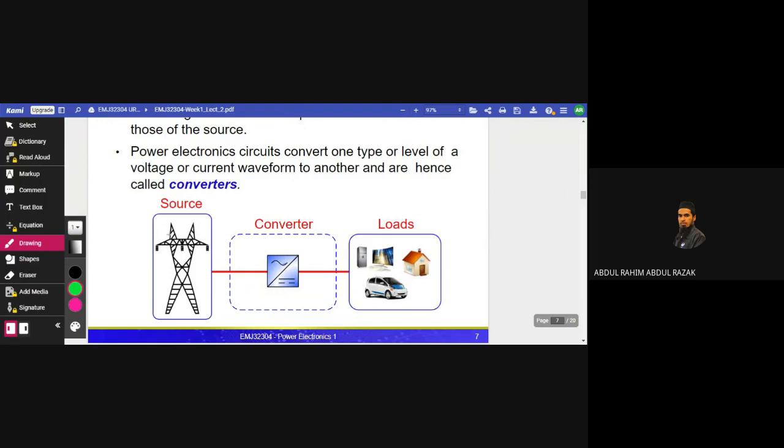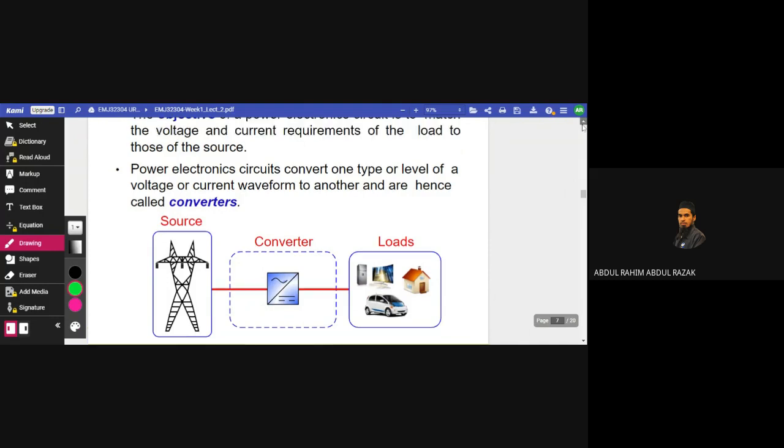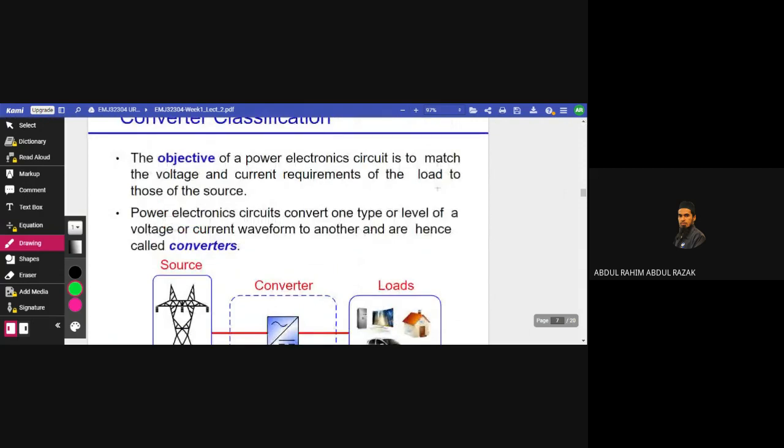But conventionally, we have AC. The incoming power from, let's say, our dam, Pangan hydro generation, uses a conventional AC synchronous generator.